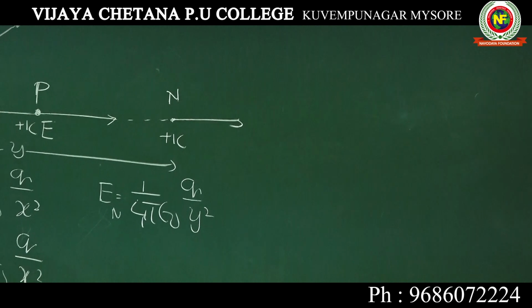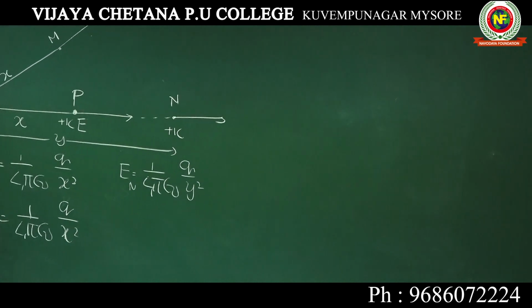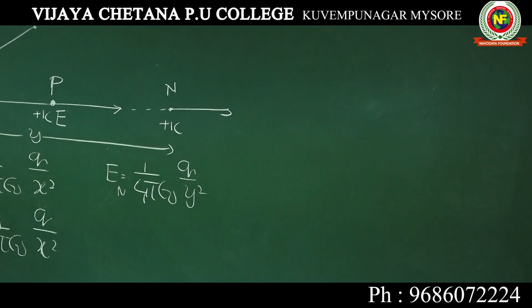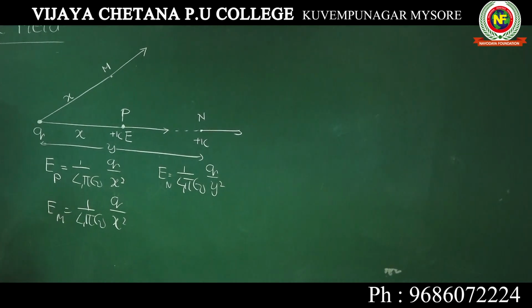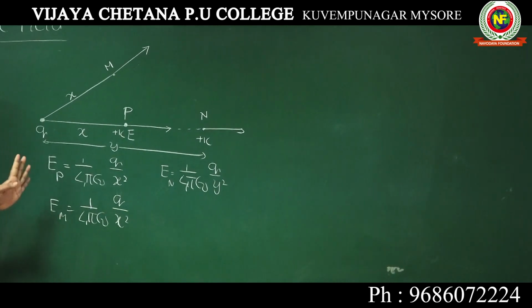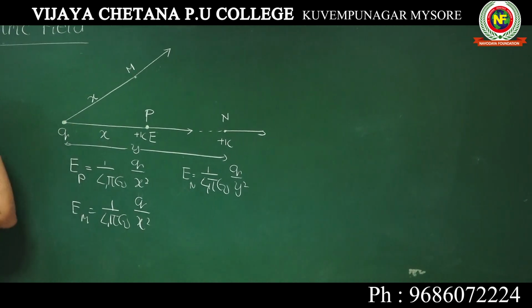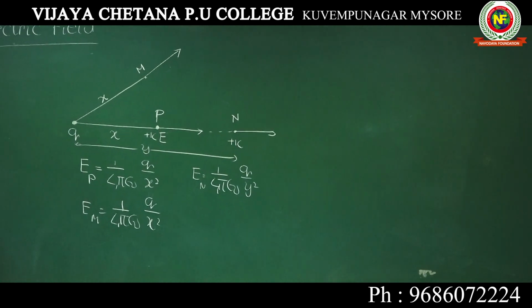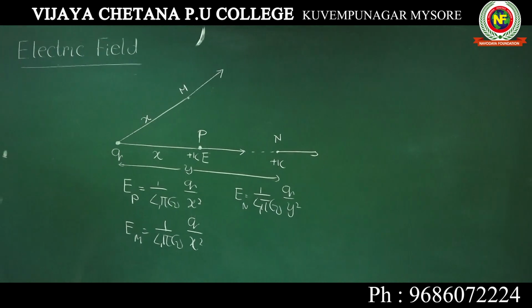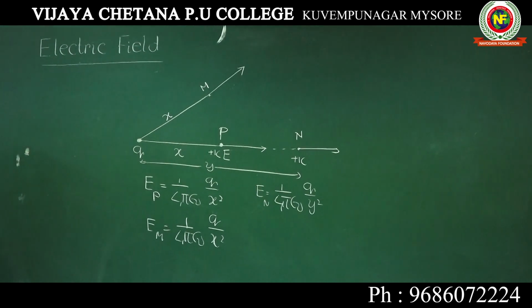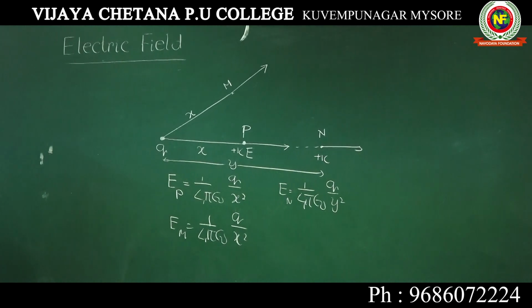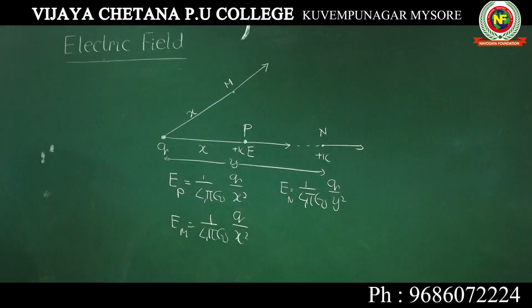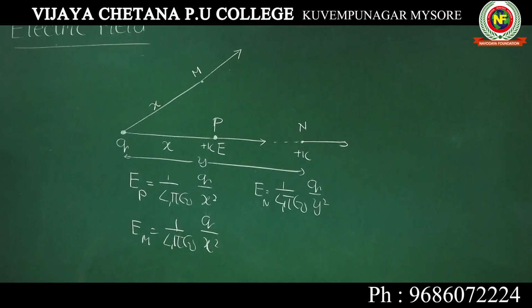So what do you understand by this? At two different points in the electric field, you can never have the electric intensity the same magnitude in same direction. So if the magnitudes are same, directions will be different. If the directions are to be made same, magnitudes will vary. Therefore, either in terms of magnitude or direction or in terms of both, the electric intensity will differ.